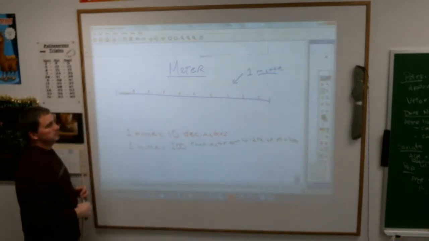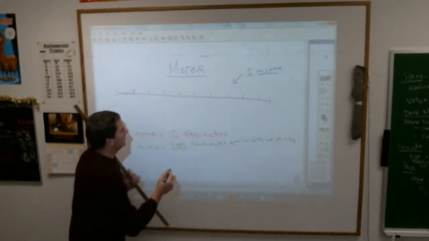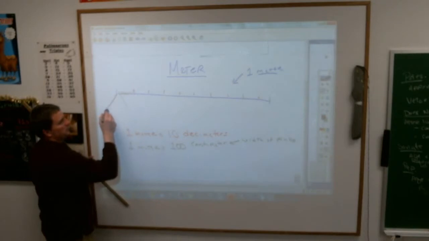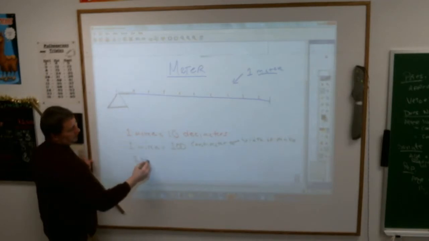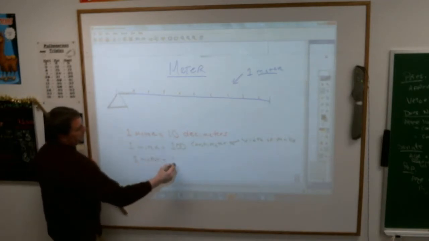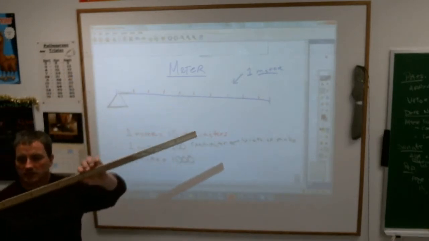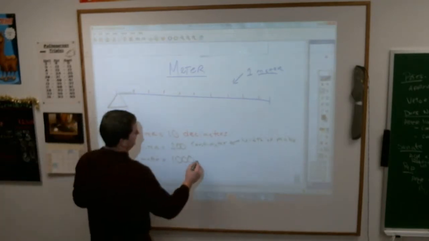And then, if you take your centimeter, each one of these little things here, let's make an expanded view of this. If you take each centimeter and split it into 10 equal pieces, which means there'd be 1,000 of them in this ruler, and if you wanted to sit down and count all those little spaces on this ruler, that is where you get your millimeter.